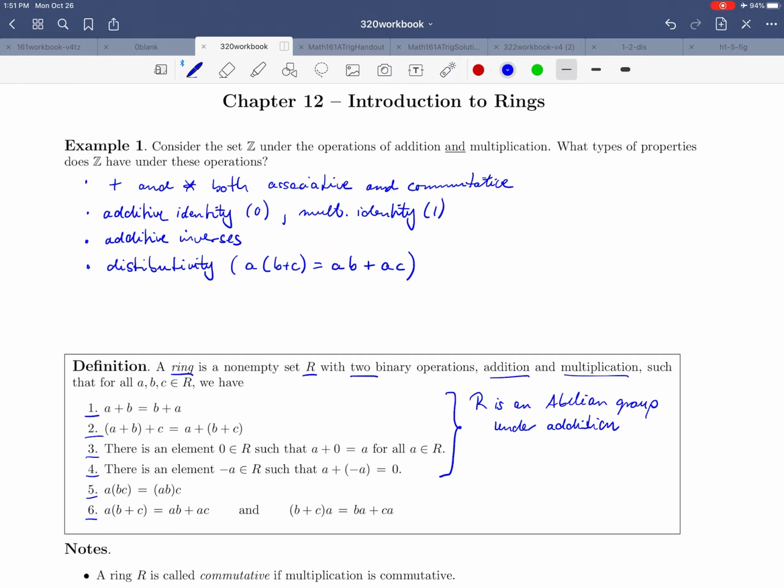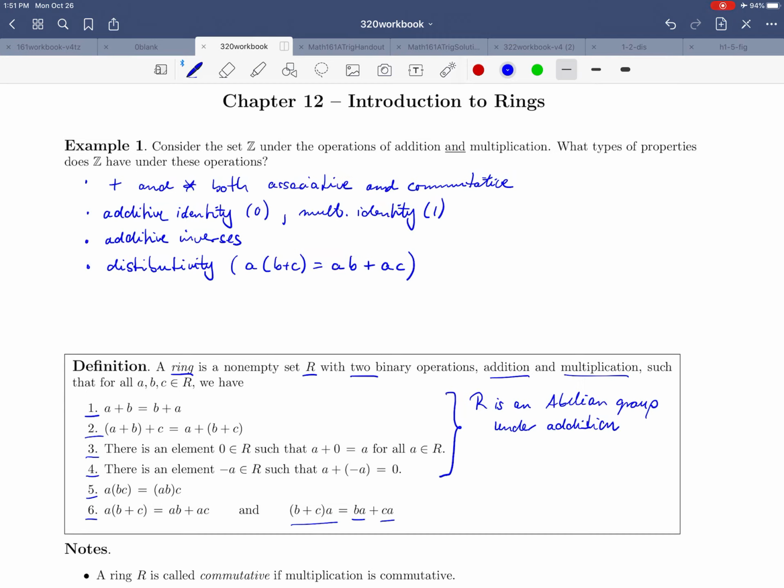That is when we multiply from the left, but we have the same property when we multiply from the right. So B plus C, that whole thing multiplied by A, is BA plus CA. So when we do right multiplication, we have the same property. Note that there are a few things that don't have to be true about multiplication.